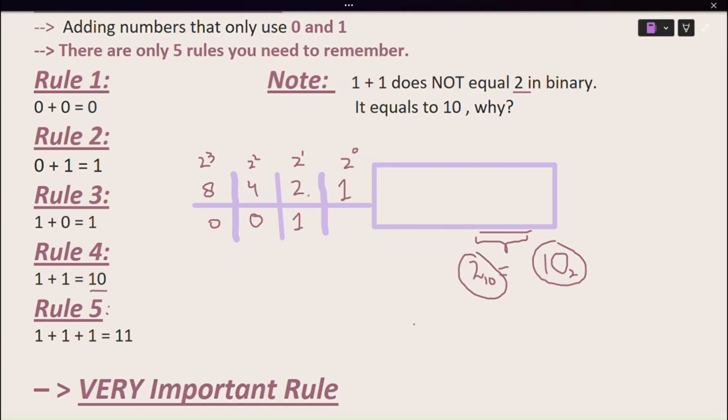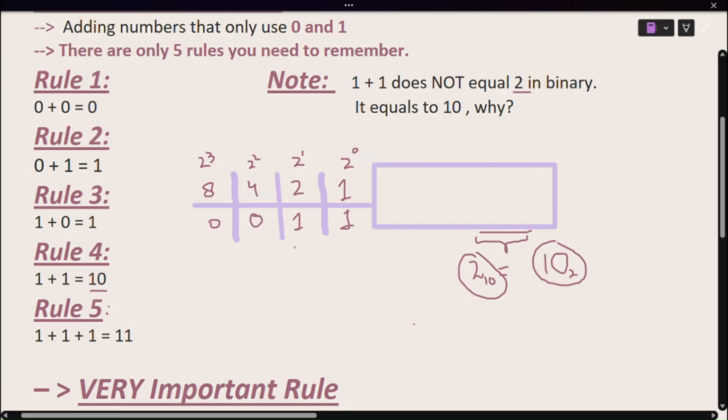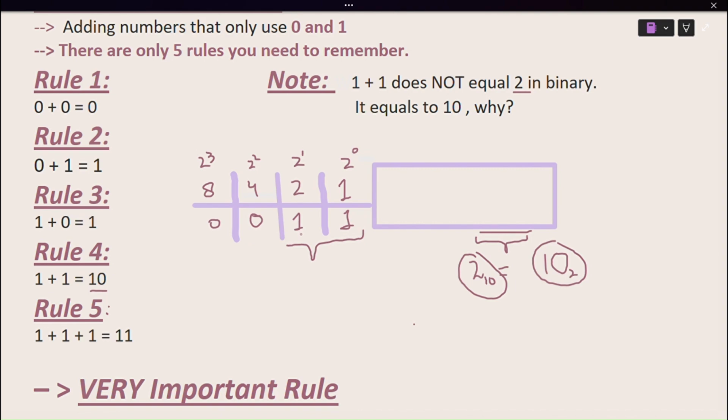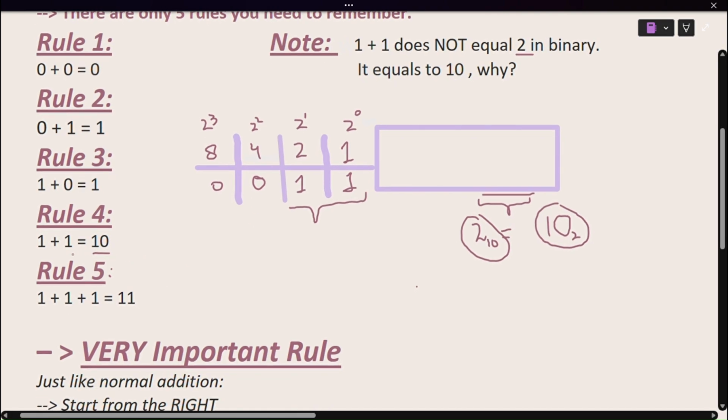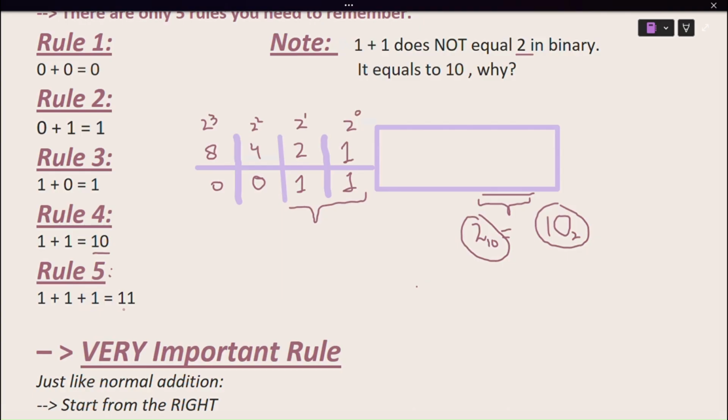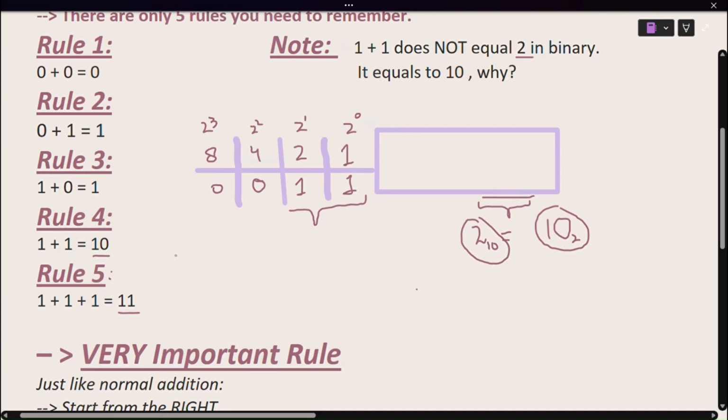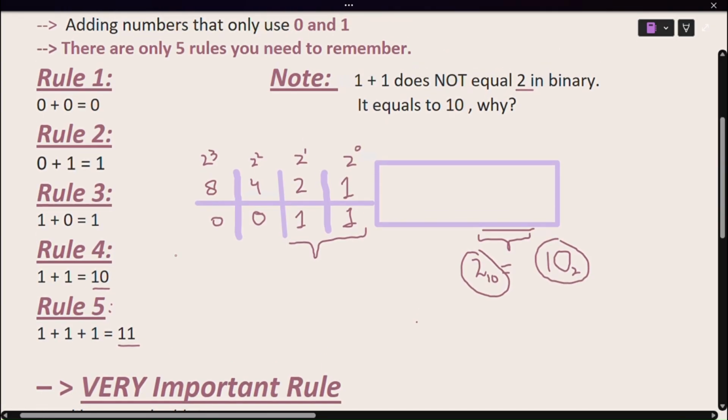So I'm going to turn 2 on and 1 on. And here is my number. That is why it is equal to 11. 3 is represented as 1, 1 in binary. Okay? So rule number 4 was 1 plus 1 is equal to 10, and rule number 5 was 1 plus 1 plus 1 is equal to 11. Once you memorize these rules, you are going to get everything correct.